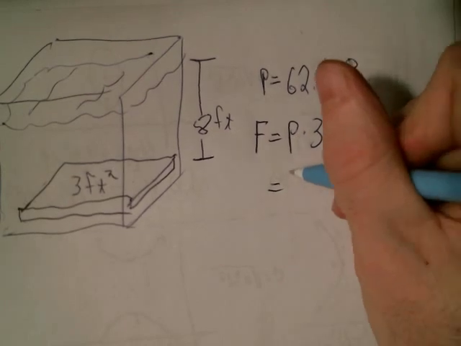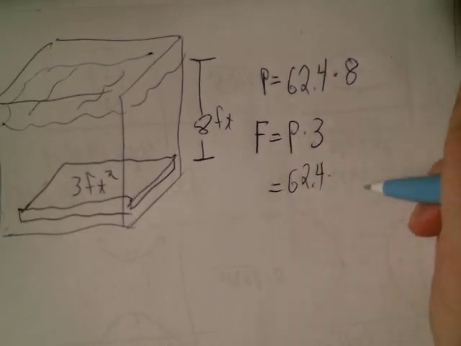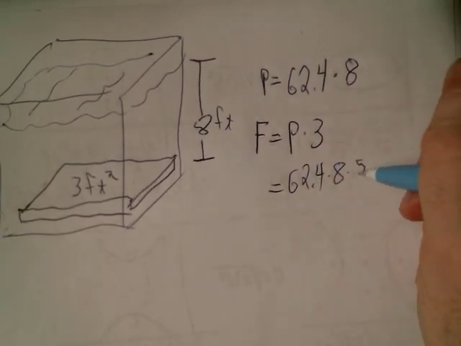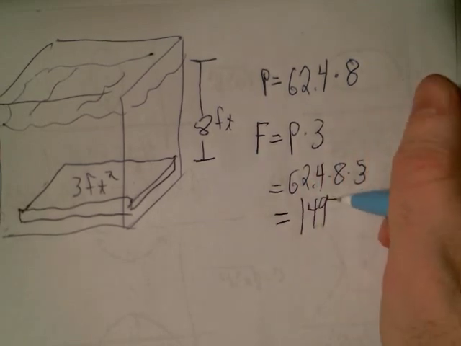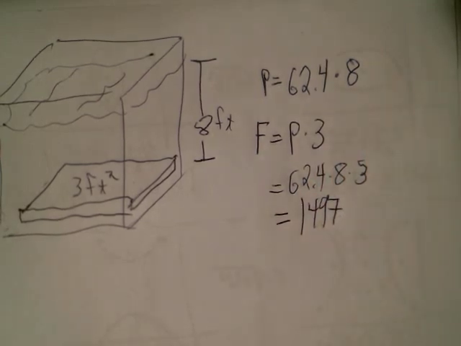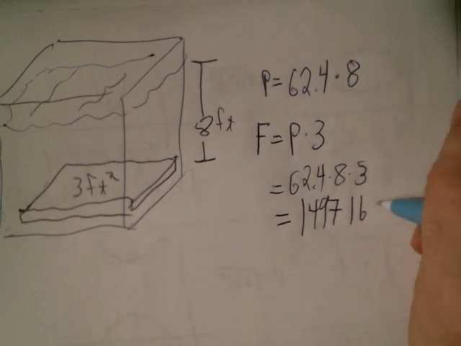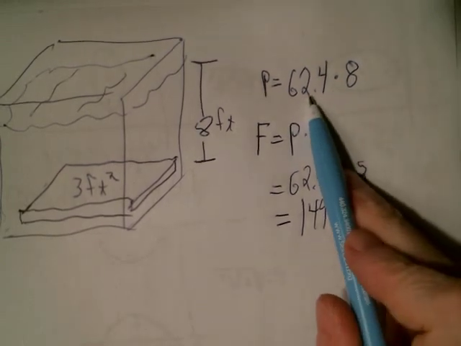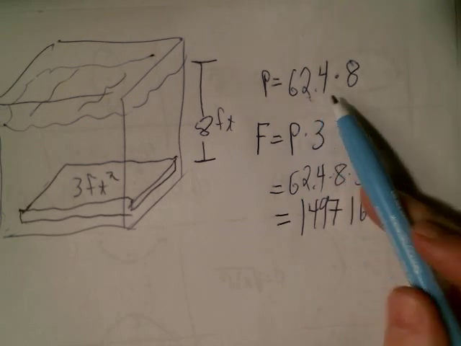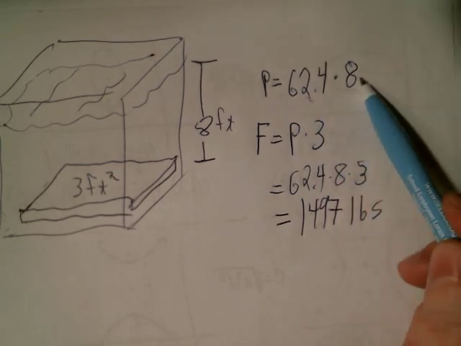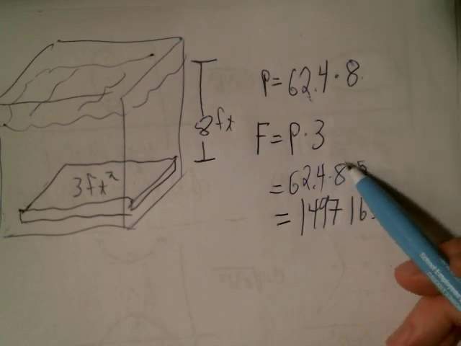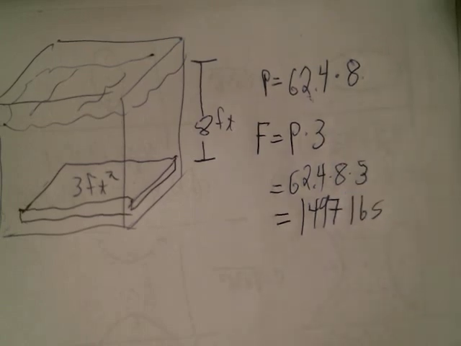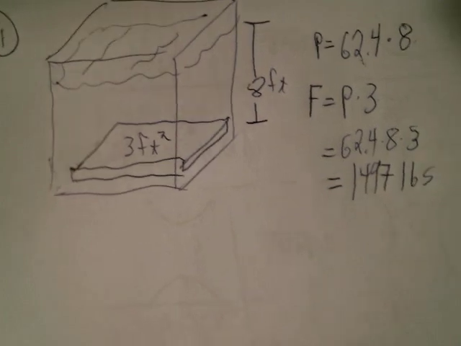We end up with 62.4 times 8 times 3, in other words 1497, and the units will be pounds. The weight density was in pounds per cubic foot, the depth in feet, and the 3 in feet squared, so the feet cancel and you're left with pounds.